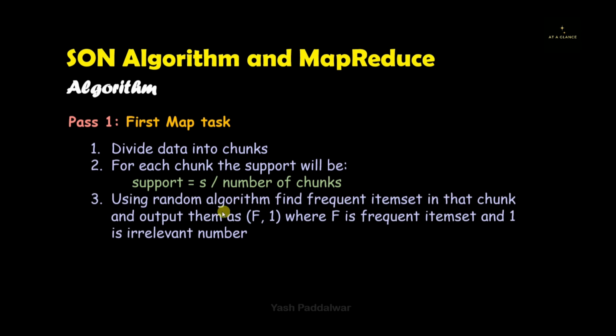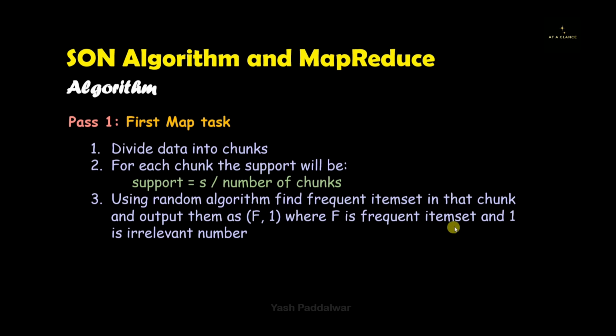Now, using any algorithm, we need to find the frequent item sets. The algorithm can be the Apriori algorithm or the FP-growth algorithm. Using this algorithm, we need to find the frequent item sets in each chunk. Once we calculate the frequent item sets in each chunk, we need to output them in the form of (f, 1), where f is the frequent item set and 1 is just a filler number.